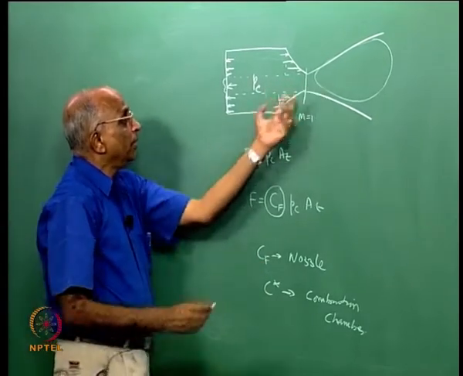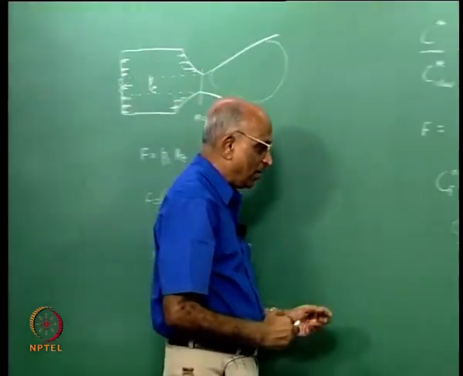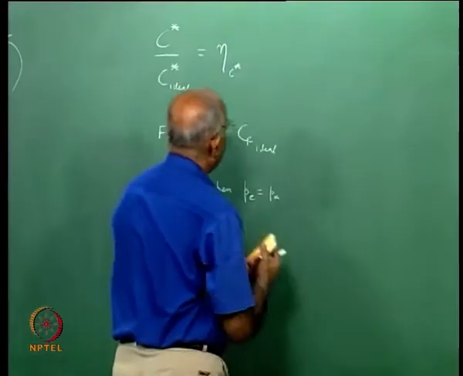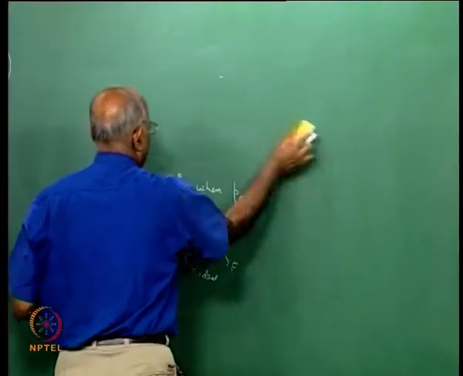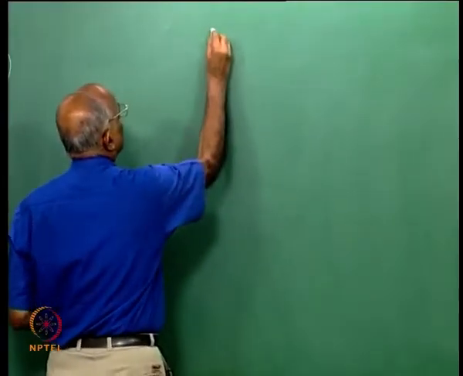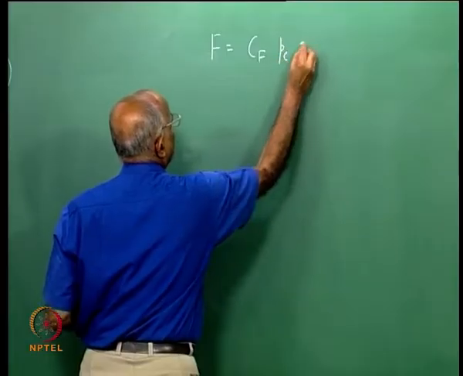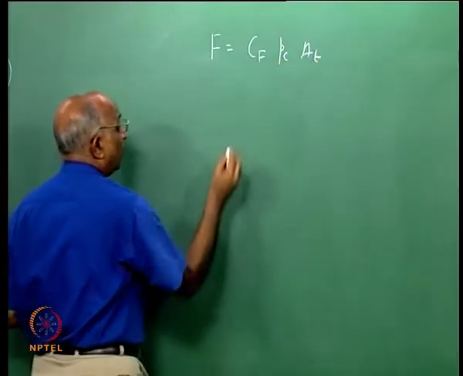And what is ISP? It is the total thrust divided by the mass flow rate. Let us put that down again, because we will expand on it a little bit in the next few minutes. Let us write it out. Force is equal to thrust is equal to CF PC AT, and what did we say?